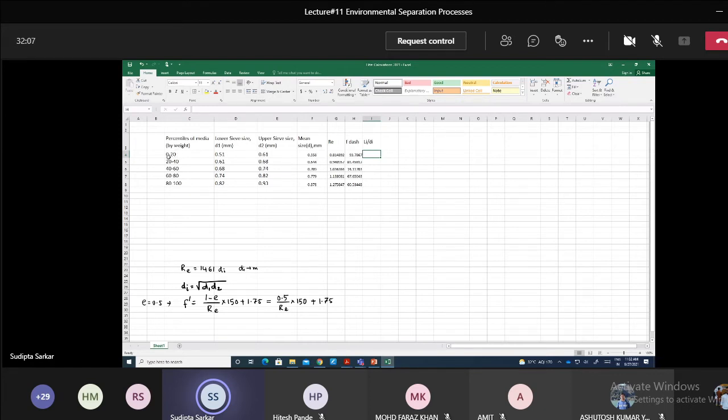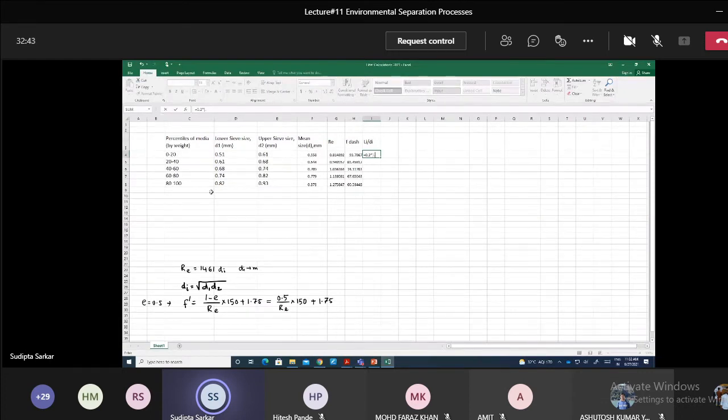So here this is 0 to 20%, 20 to 40%, or this is stratified weight of 20% in each. So I write for 20%, this is 0.2 of the total weight. So 0.2 times 0.75 meter.